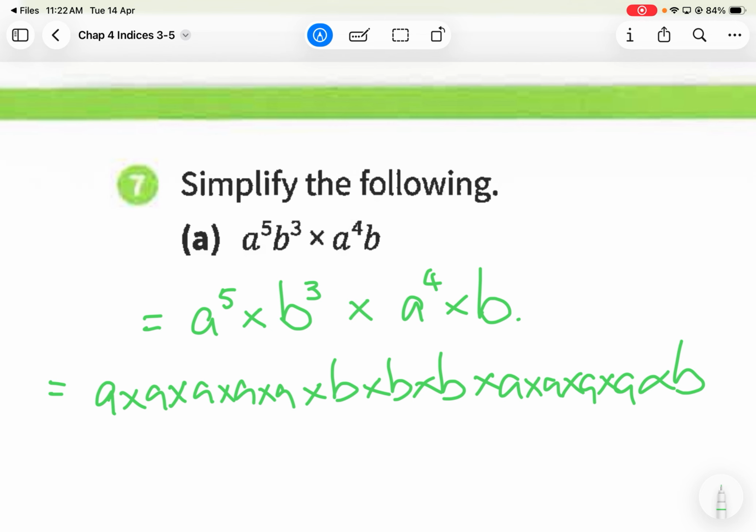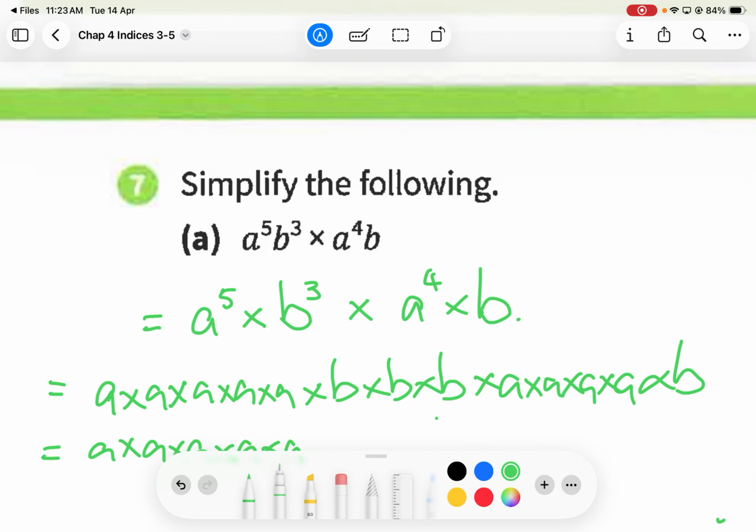And when all these are multiplications, which one comes first, which one comes second, never mind. It's up to me to arrange. So, when I have all this actually happening, I can actually put all the A's together.